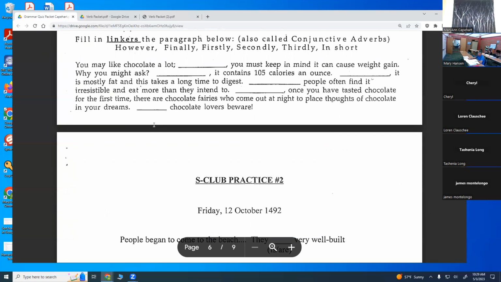When you're reading, you want to find the main idea and then subsequently the supporting details, like one, secondly, finally. So we have however, finally, first, second, thirdly, in short. Make a little list and do this yourselves for a few minutes and then we'll go over it.